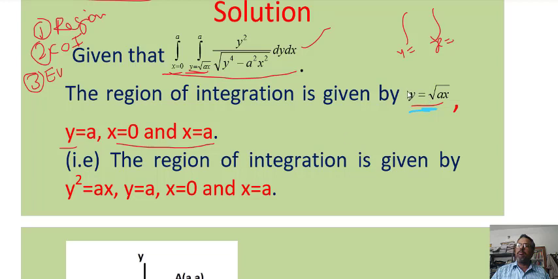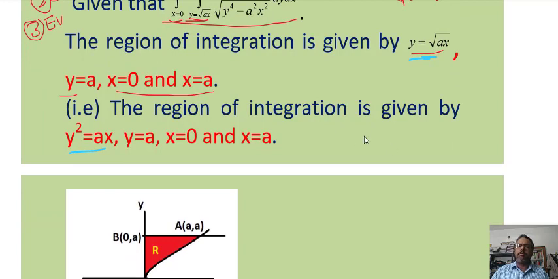Squaring on both sides, y squared equals ax, which represents a parabola. So y equals root of ax is nothing but a parabola, which looks like this. This is y squared equals ax.